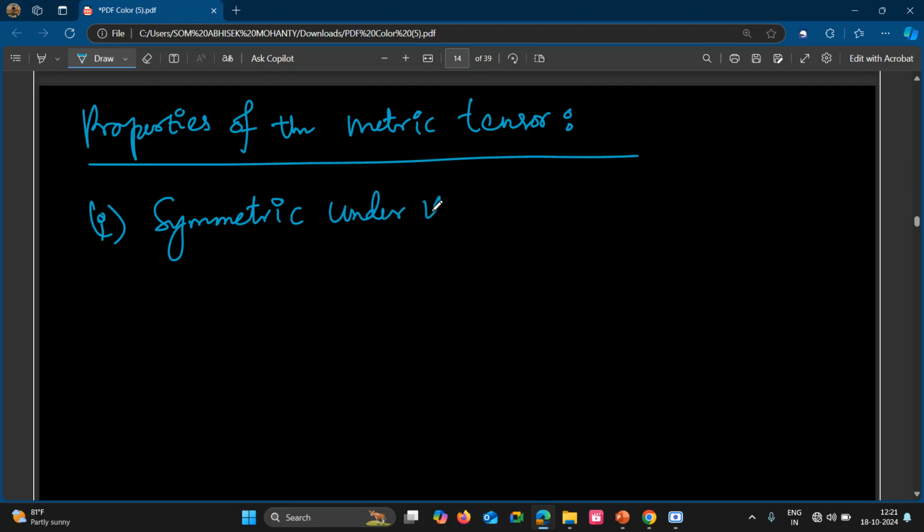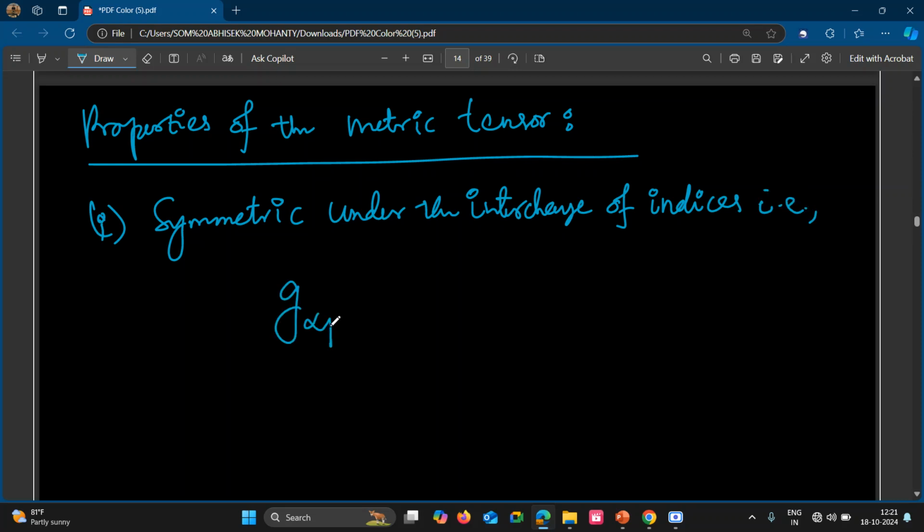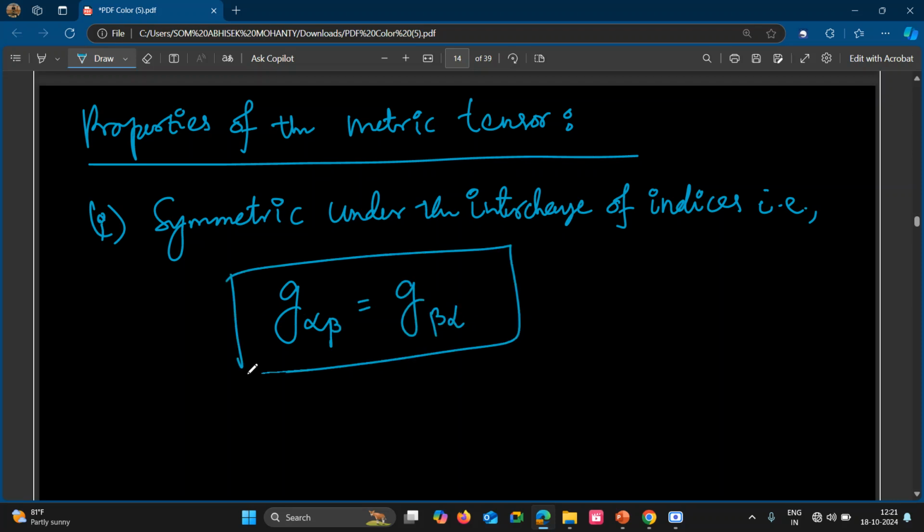We can write g alpha beta equal to g beta alpha, for all alpha and beta.